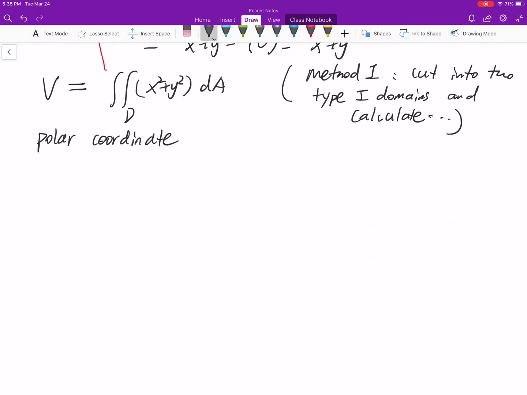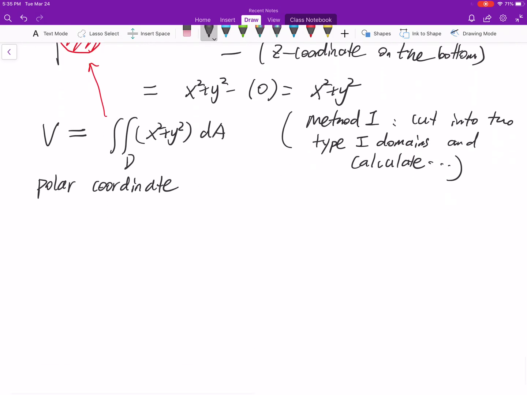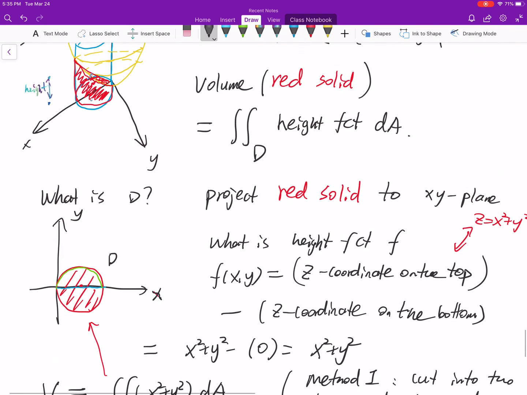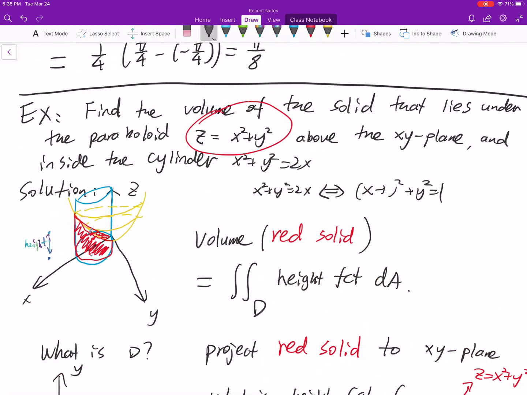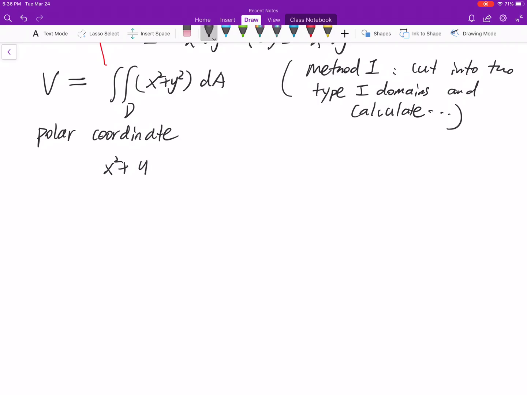So the domain is given by x squared plus y squared less than or equal to 2x because you are inside the disk.